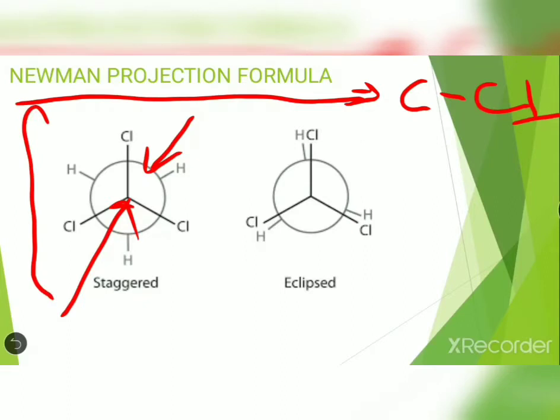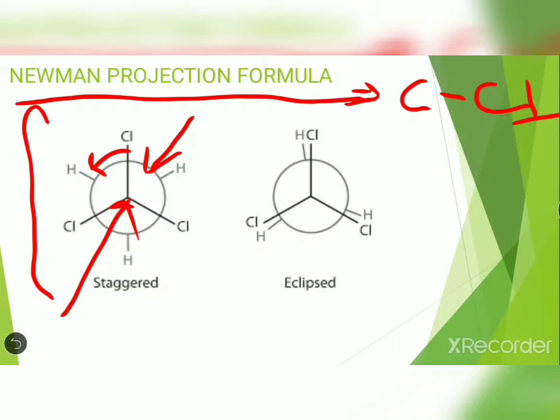If one of the carbons is rotated through 60 degrees, then one form changes to another. The Newman formula is more suitable to represent the conformation of the molecule obtained by rotation about the carbon-carbon bond. That is, the distance between the adjacent groups and the repulsion between them can be easily understood.